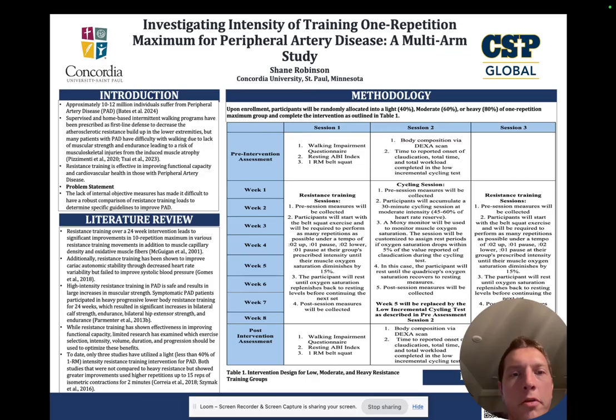Another thing I mentioned already is an exploratory analysis of how much volume they can do relative to a threshold before experiencing claudication in the light, moderate, and heavy intensities of their 1 rep max, eliciting a certain response of muscle oxygen fatigue and depletion.